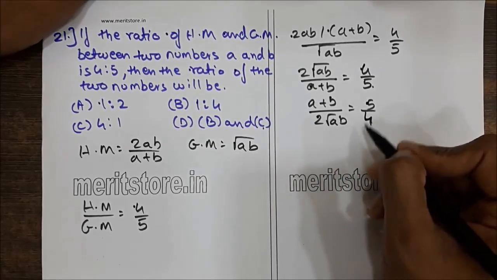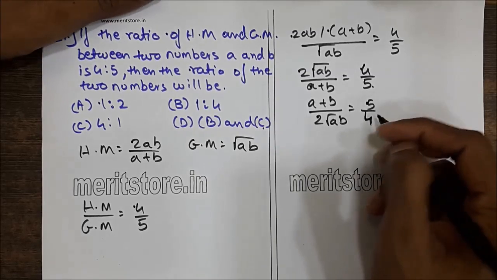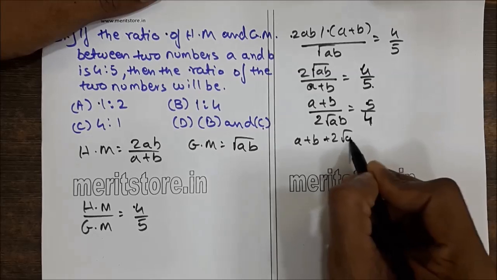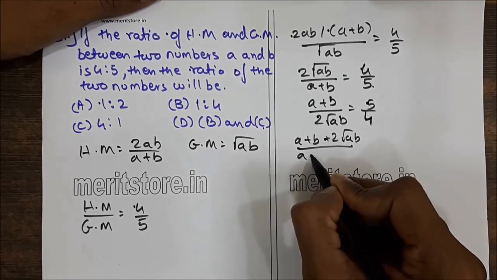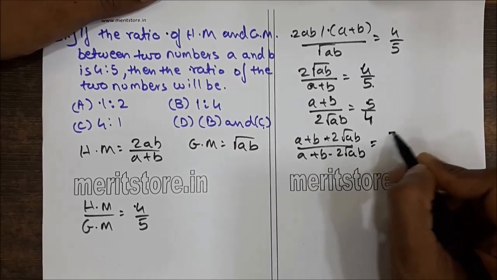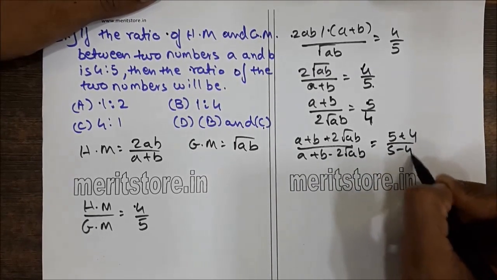We do componendo and dividendo on both sides, so we make a fine adjustment, that is (A plus B plus 2 root AB) upon (A plus B minus 2 root AB), which is equal to (5 plus 4) upon (5 minus 4).